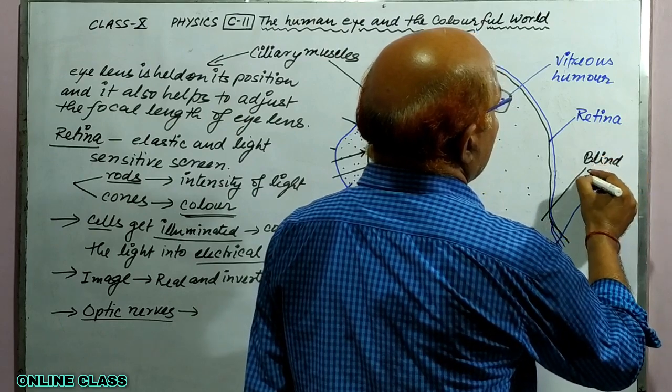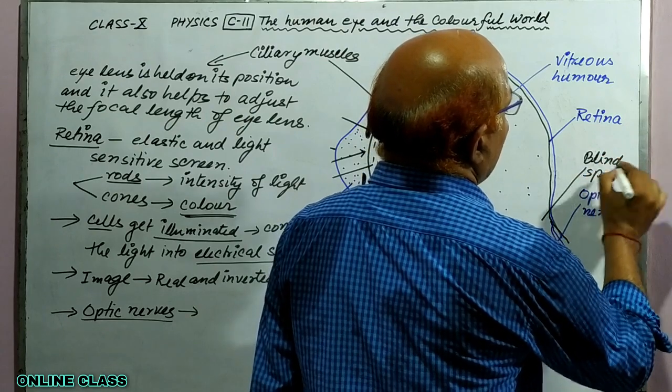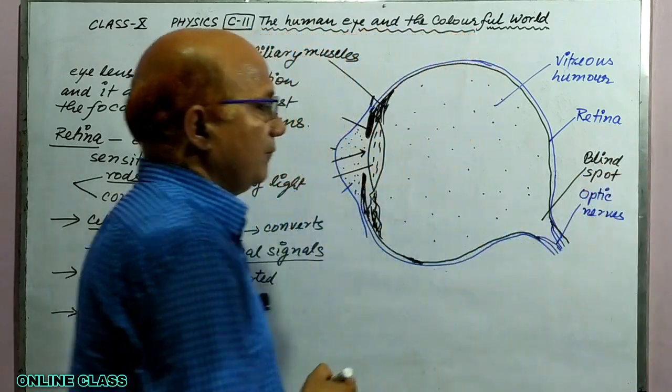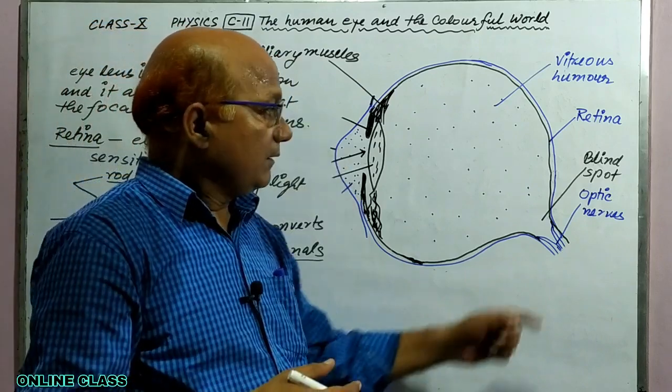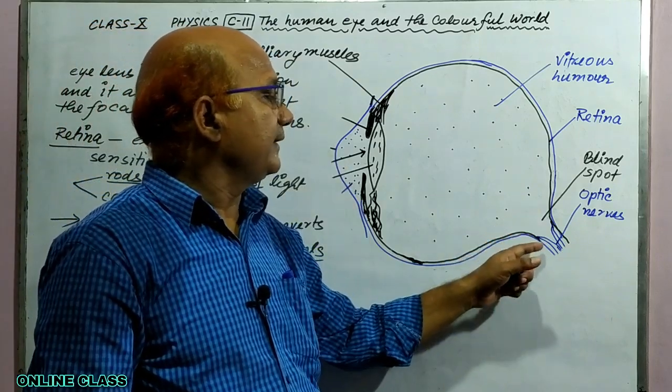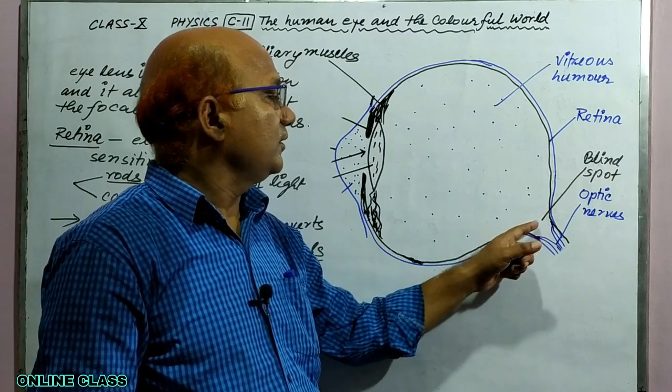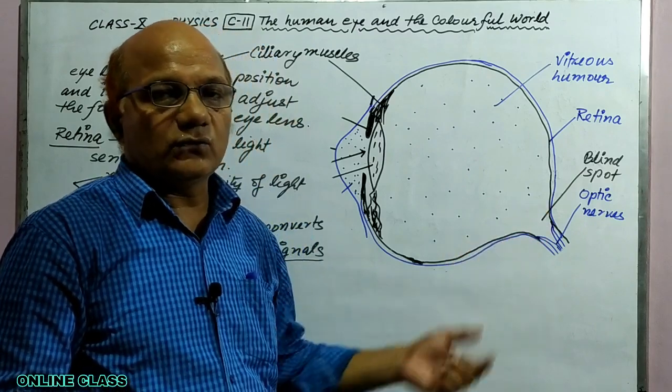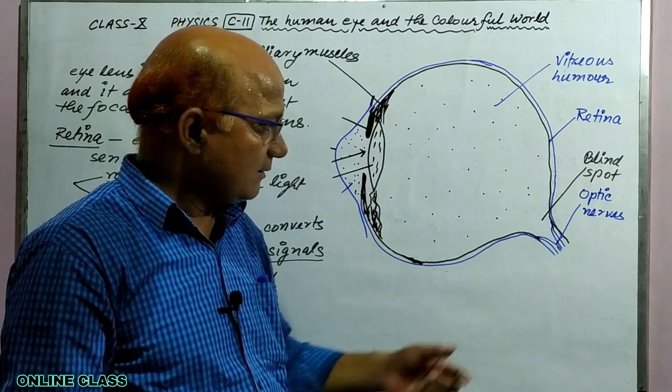Blind spot means no image is formed on retina, because in this portion there are no light sensitive cells.